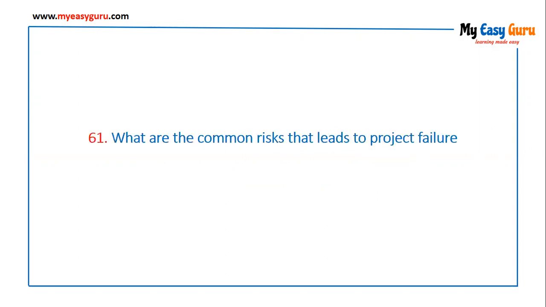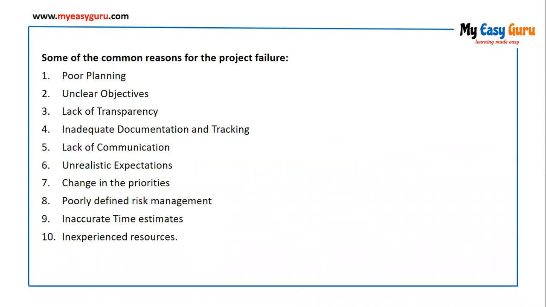So the first question which comes is, what are the common risks that lead to project failure? The expected answer for this question is, some of the common reasons for project failure are poor planning, unclear objectives, lack of transparency, inadequate documentation and tracking, lack of communication, unrealistic expectations, change in the priorities, poorly defined risk management, inaccurate time estimates, and inexperienced resources.